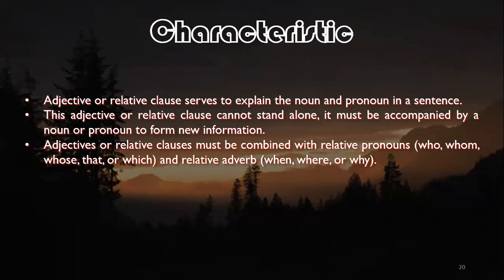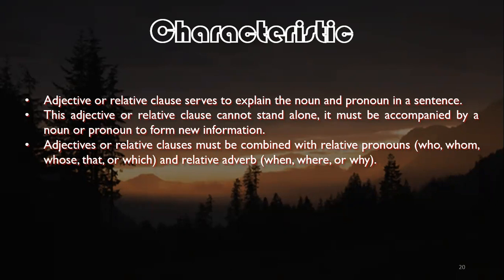It must be accompanied by a noun or pronoun to form new information. And the last, an adjective or relative clause must be combined with a relative pronoun, such as who, whom, whose, that, or which, and a relative adverb: when, where, or why.